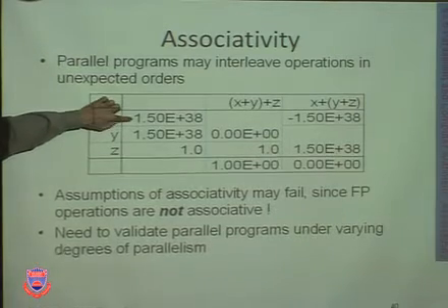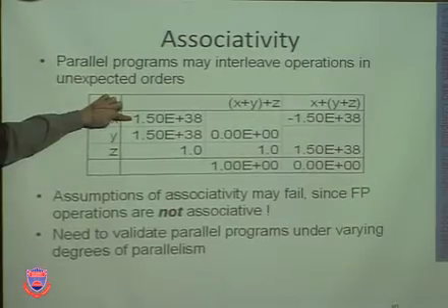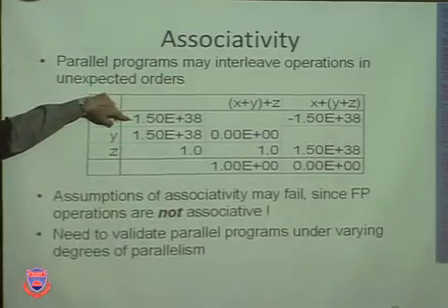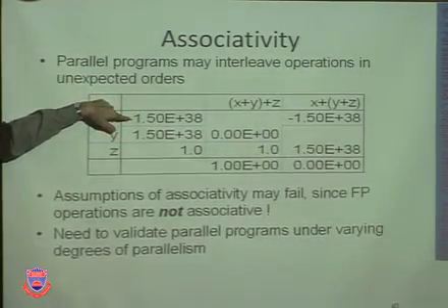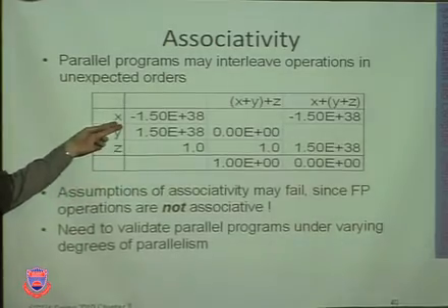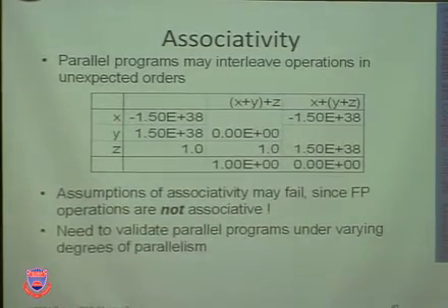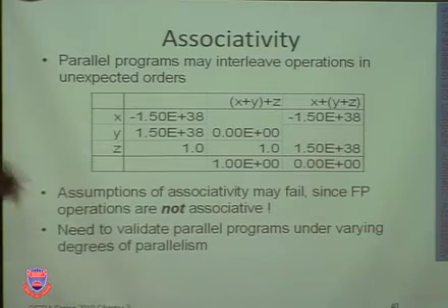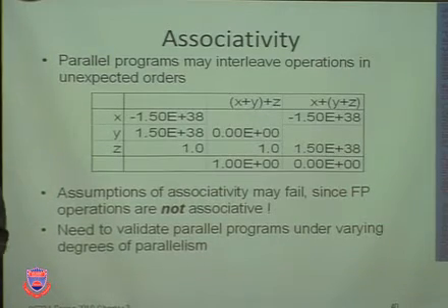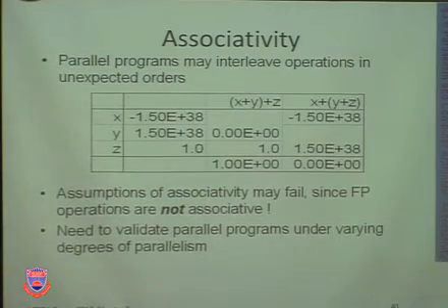If this is positive, then they both give the same answer, which is 3.0 times e to the 38. That's correct, if this is positive. So sometimes they give associativity errors, and sometimes they don't. It depends upon the values of the numbers. I'm not claiming that you always get errors. What I'm claiming is sometimes you can get errors, and those errors can depend on the order of the operations.